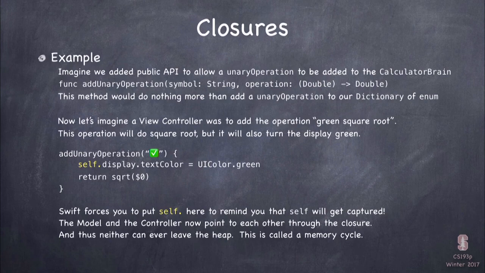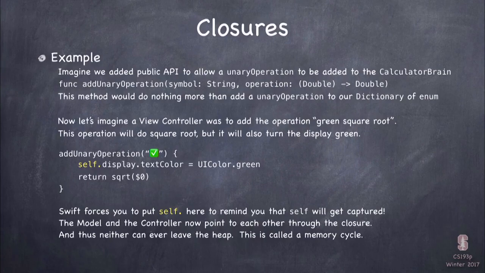You see? So I'm pointing to that indirectly from my view controller, and it's pointing now back at me, self dot. It's going to capture self. Self is a pointer to myself, my own view controller. Now I've created a memory cycle. Everyone understand what's going on there?